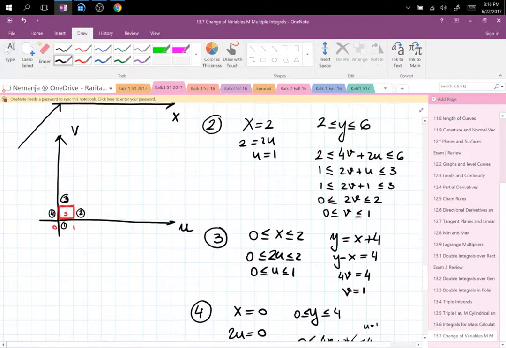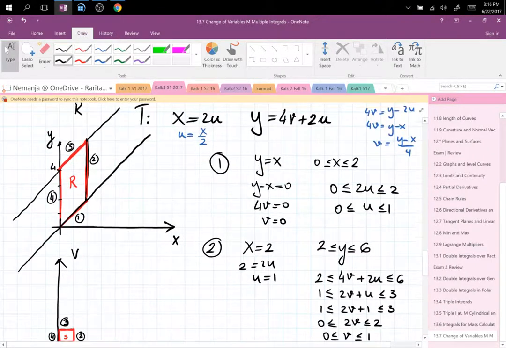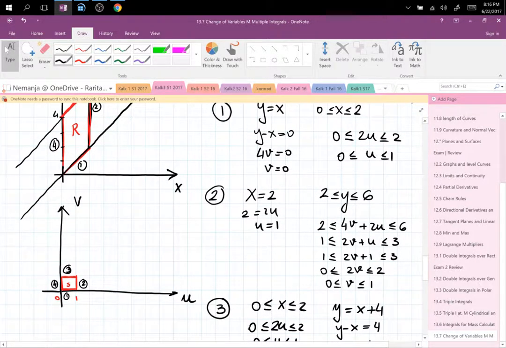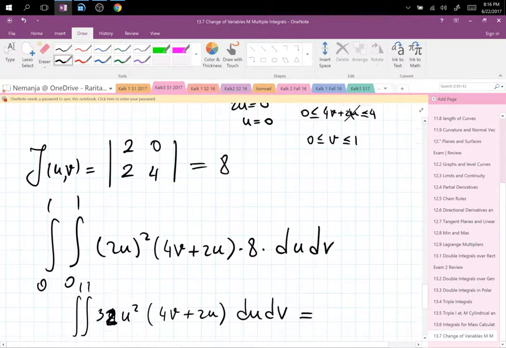So one more time, the longest part is to transform the region. The rest should go pretty fast. Transforming the region means you pick each edge of the original shape, and you transform each segment, which will give you the new picture, and then you will integrate over that new region.